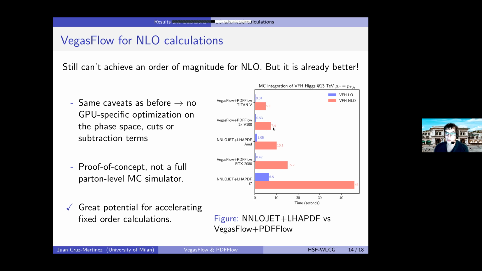So you actually got a huge hit on performance due to the fact that the parts that are still running on CPU, even if it's just the reduction of the histograms and so on, are very much slower. But all in all, this has a great potential for accelerating the fixed order, higher order calculations.